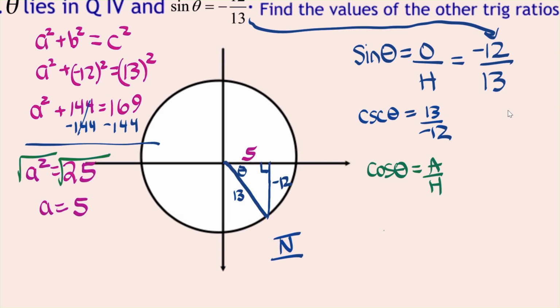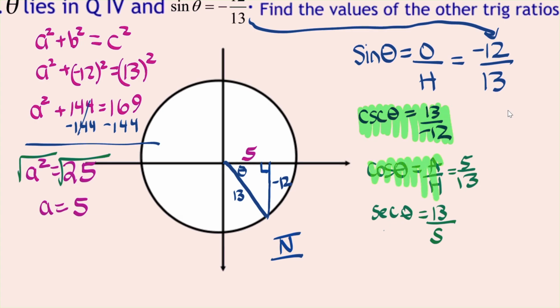So adjacent over hypotenuse is 5 over 13. I know secant because it's the reciprocal of cosine. So far I have cosecant, I have cosine, I have secant.